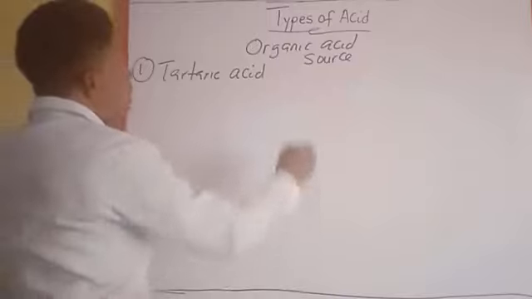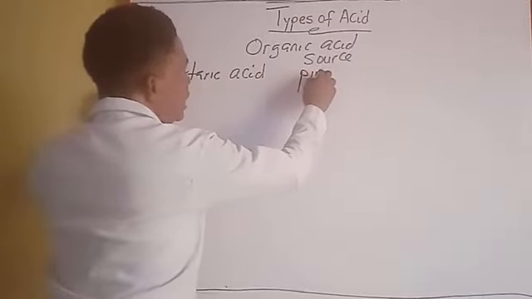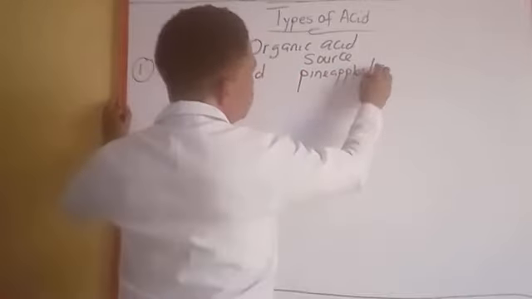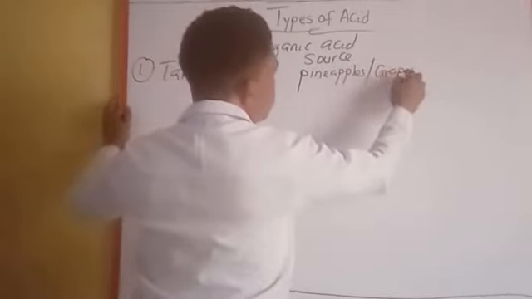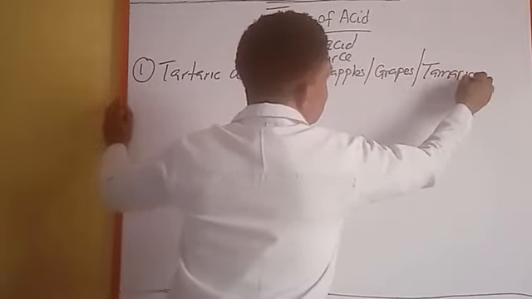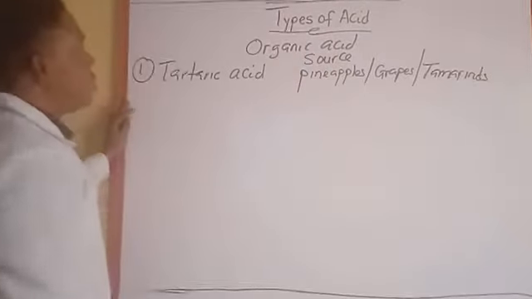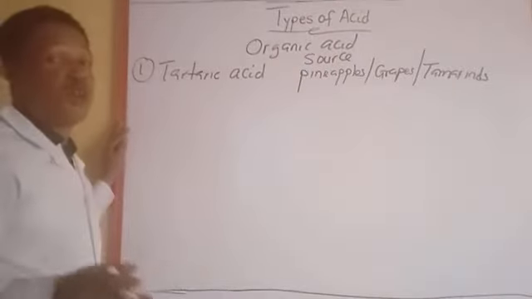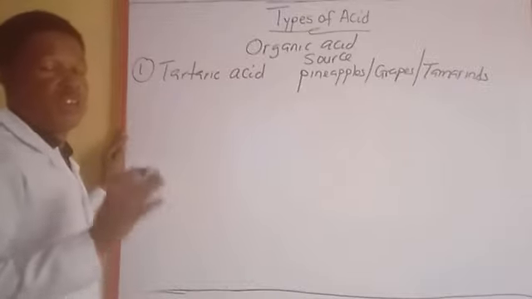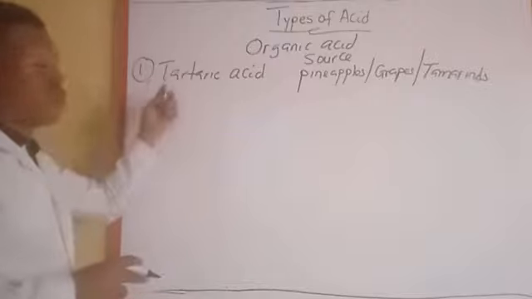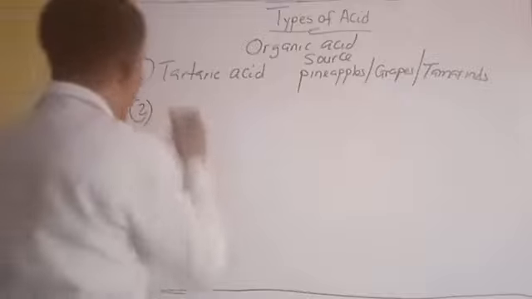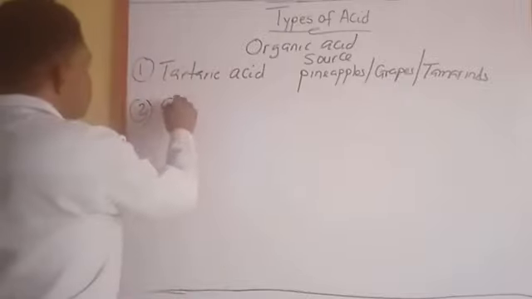We can find it in pineapples. Not only that, you can find it in grapes or tamarind. If you watch my video on the uses of acid, I have explained it extensively there. You will see the uses of tartaric acid there. Number two, we have what we call citric acid.